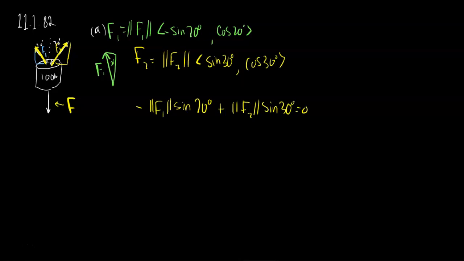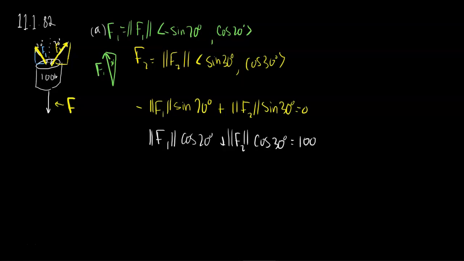And then my other equation is the y component: F1 cosine of 20, plus F2, the size thereof, times cosine of 30, needs to equal 100. It might be better, instead of calling it magnitude of F1, to just call it little a or little b or something like that to make the notation a little bit nicer.